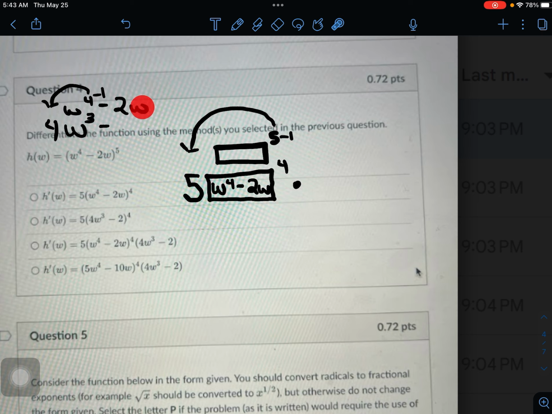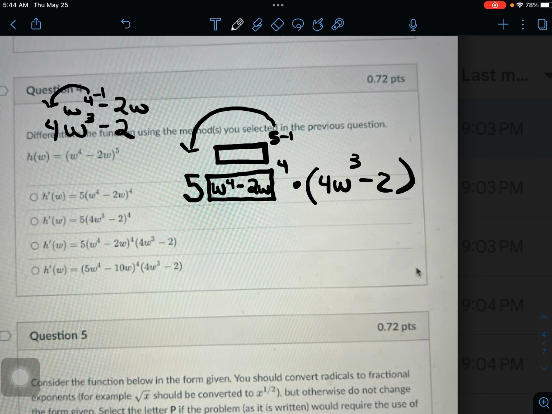But if you just have a variable with an exponent of 1, the derivative is just the number out front. So the derivative of 2w is 2. So that is the derivative of the inside function. And that's what goes right here. You're going to go times 4w cubed minus 2.